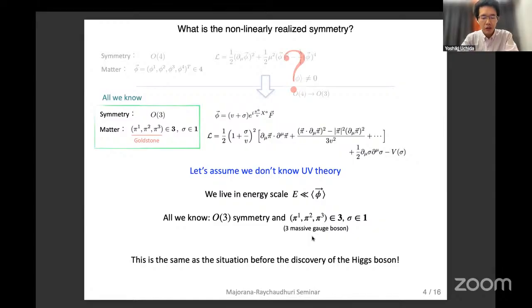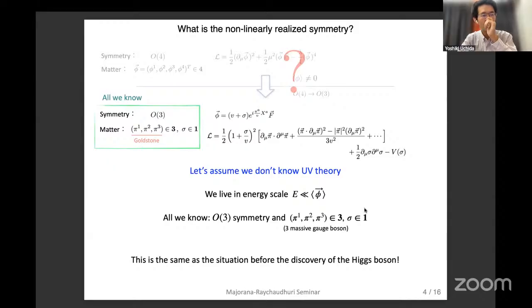At this point, I wanted to emphasize that this situation is historically realized. I mean, this is exactly the same as the situation before the discovery of the Higgs boson. Before the discovery of the Higgs boson, we somehow knew that SU(2)_L times U(1) hypercharge is spontaneously broken to U(1) electromagnetism because we have the three massive gauge bosons.